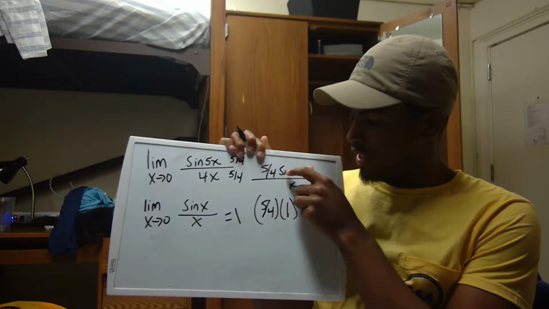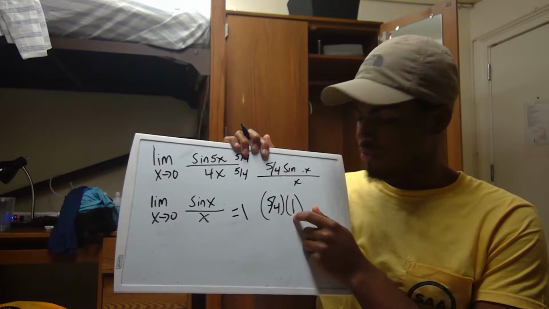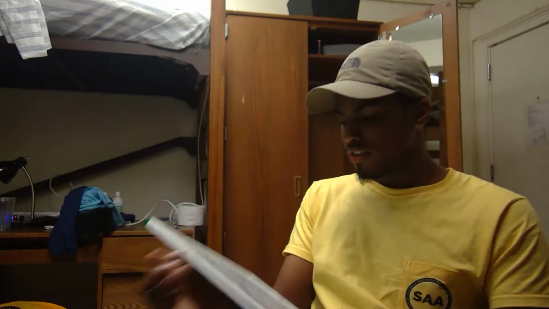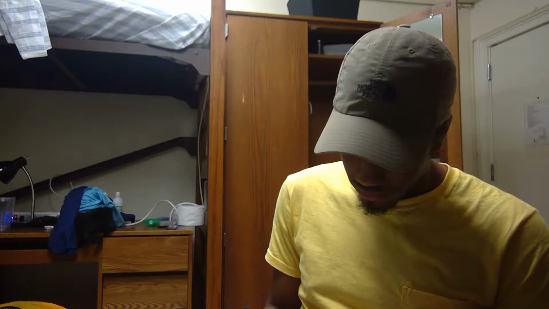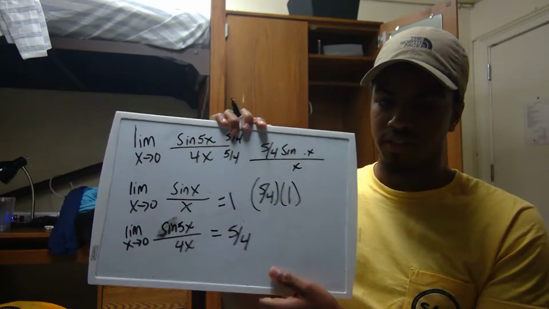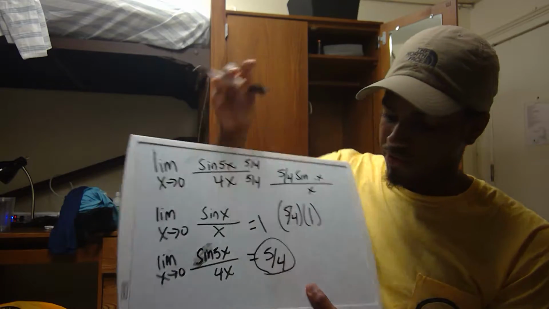I just made that sine x over x and made that equal 1. So now the answer, the limit as x approaches 0 of sine 5x over 4x is equal to 5 over 4. This is your answer for that problem.